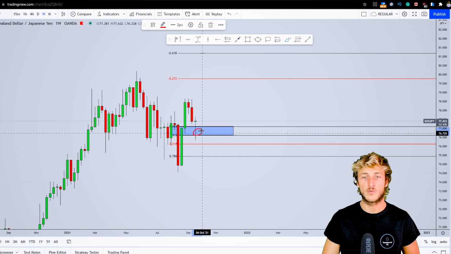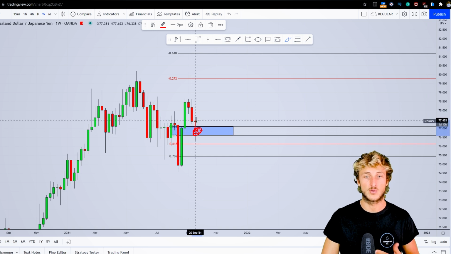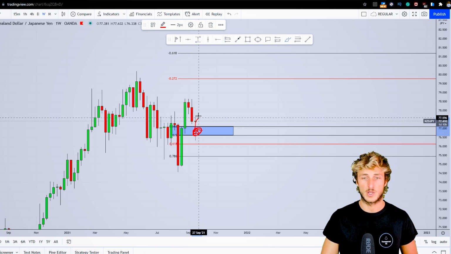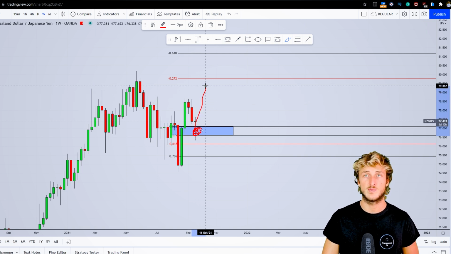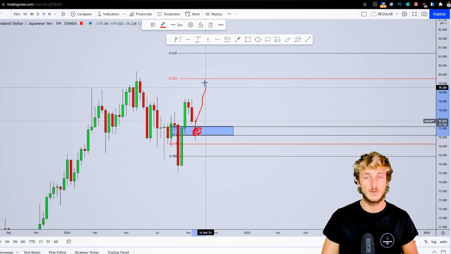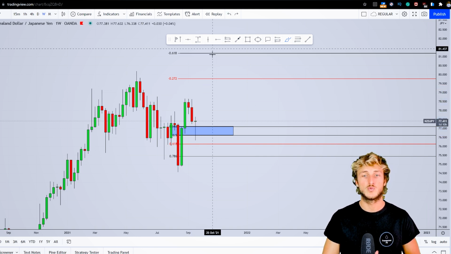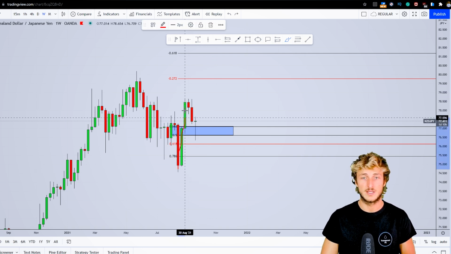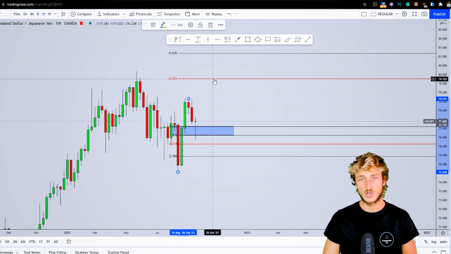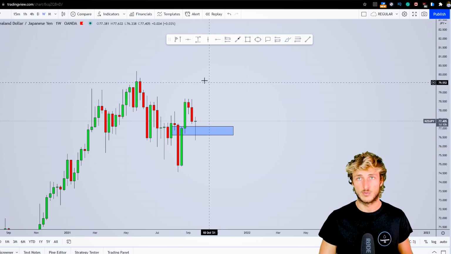And currently we are rejecting the area to the upside quite aggressively, which is usually what we expect in situations like this. And there is definitely the possibility to see the market here create more continuation to the upside, even for the creation of a higher high, which would at that point complete this impulse, correction and impulse pattern to the upside. So also the weekly here seems quite bullish.